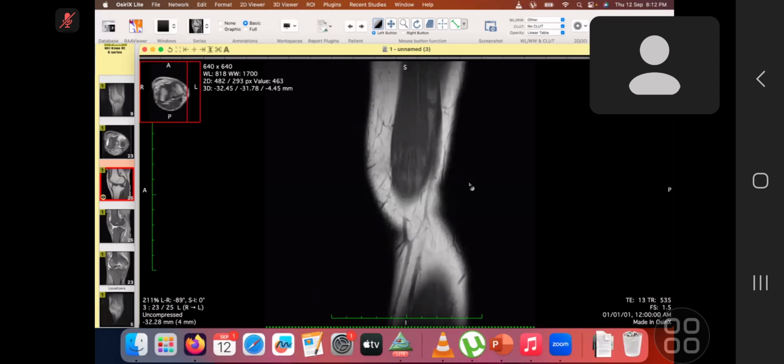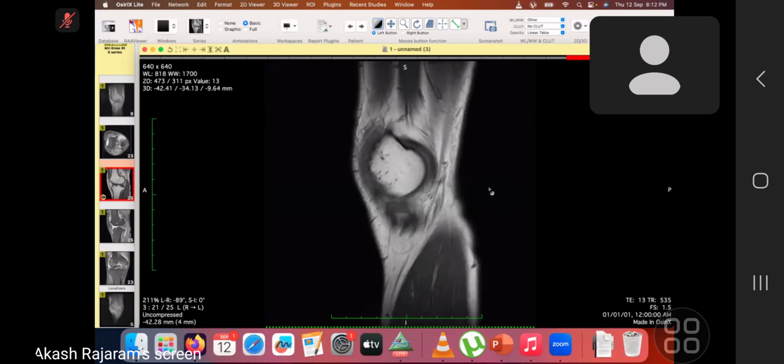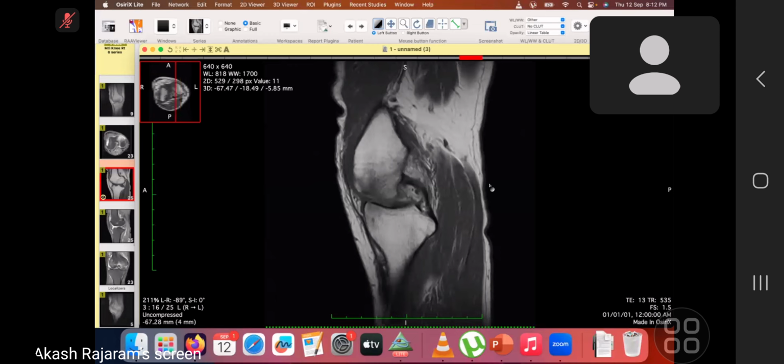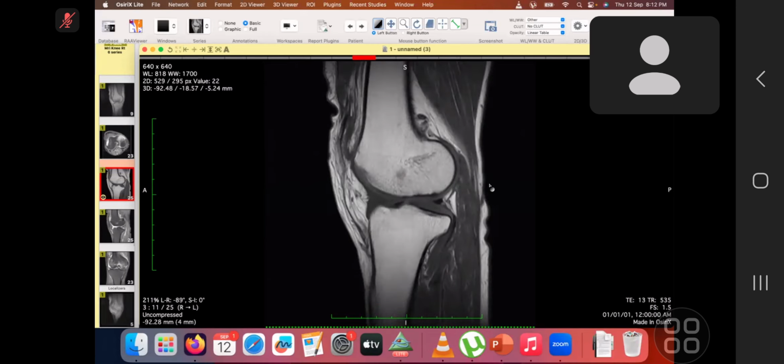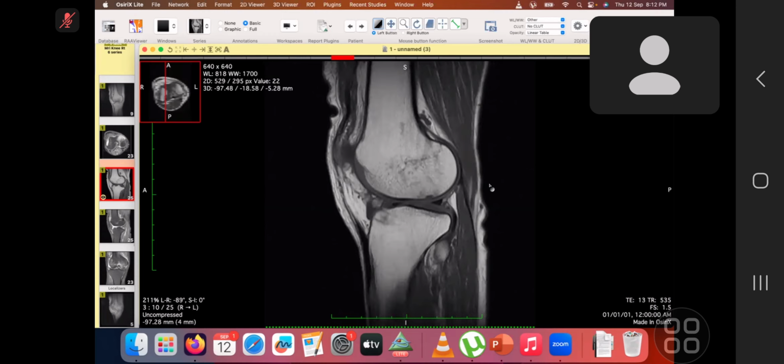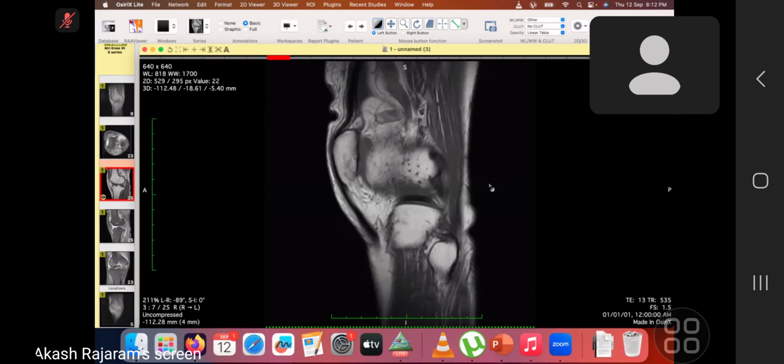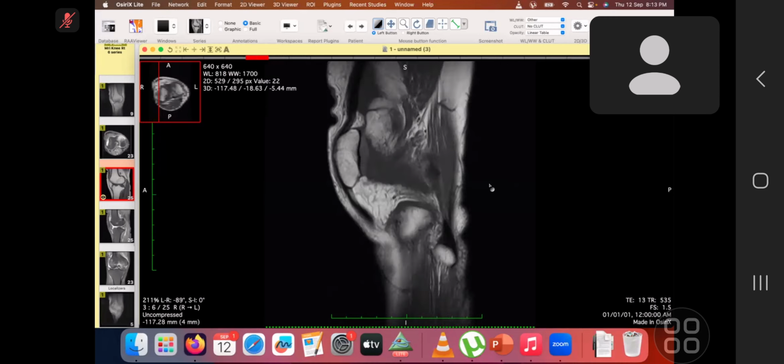I will convey this finding to the physician and for orthopedic consultation to do arthroscopy and fixation of the ACL tear. Also, I can't see any associated posterolateral corner injury.